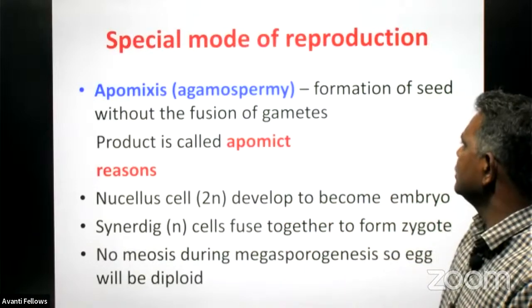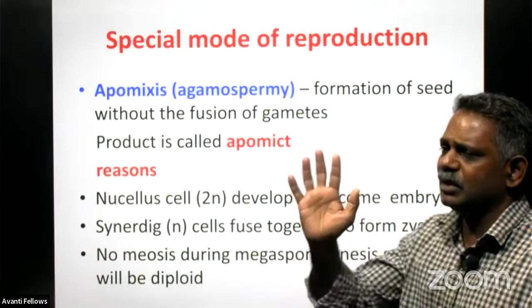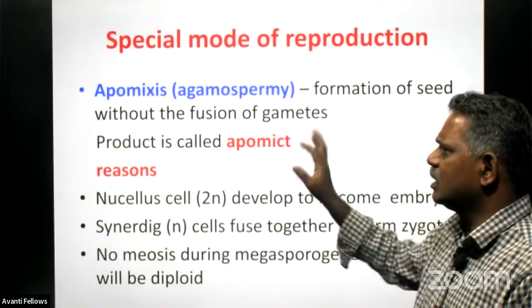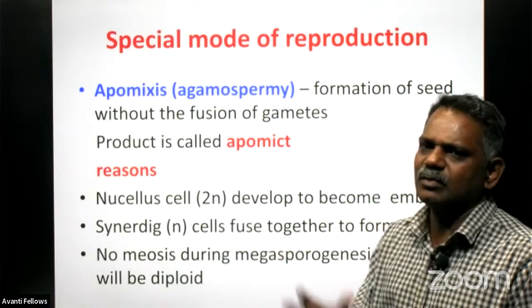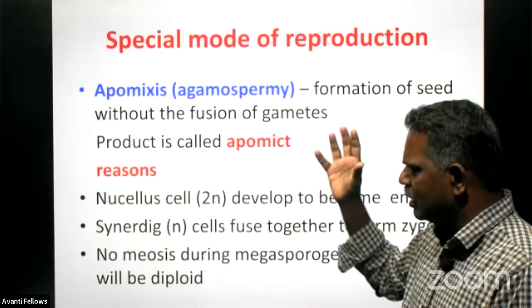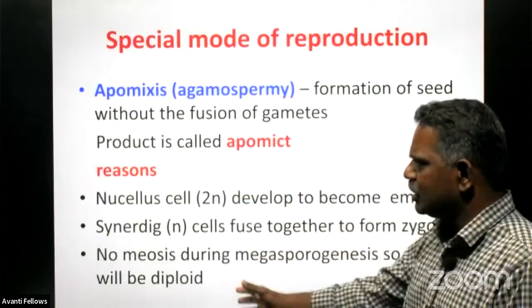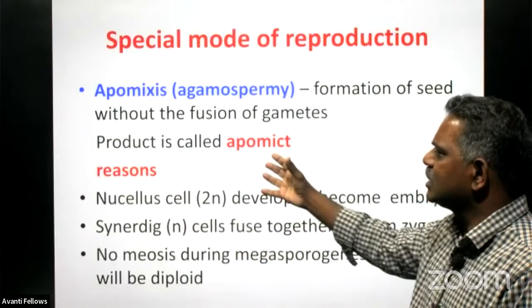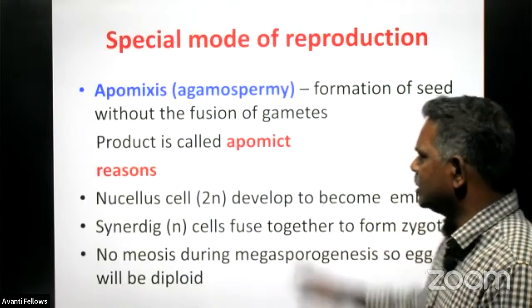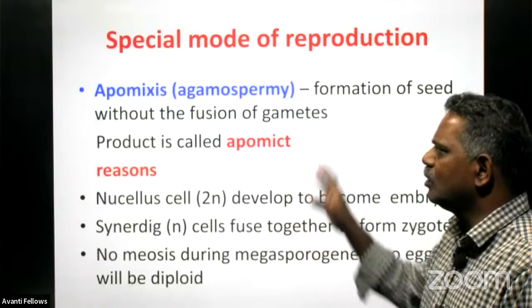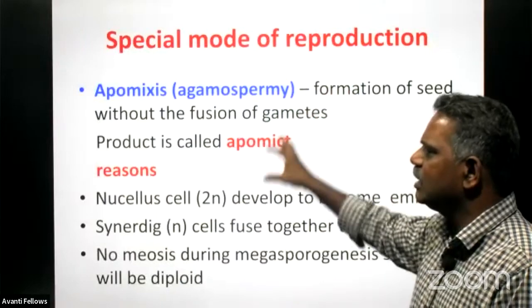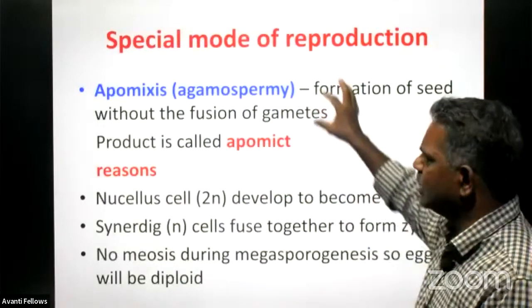And sometimes we can see the formation of seed even without this double fertilization or fertilization of the gamete. And it is called as what? The apomict. The apomict is nothing but the seed produced because of some reasons mentioned here, we will see it later, helping this ovule to develop to become the seed even without fertilization. This seed produced from the ovule without fertilization is called the apomict. And the process of formation of this seed without fertilization is called as what?